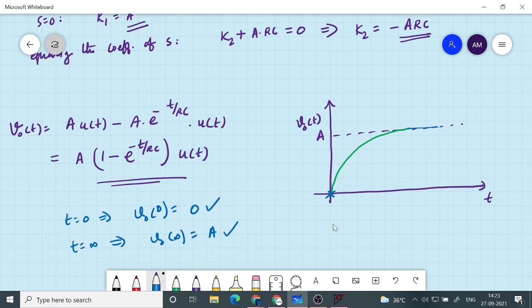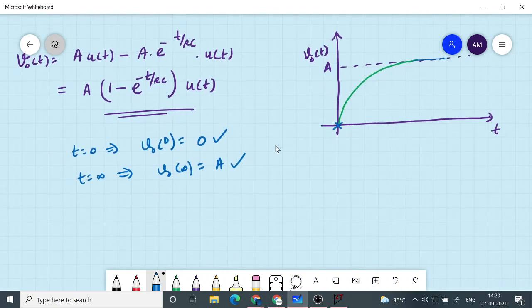And similarly you can take any point of time. Another interesting point of time is t equal to RC. If you take t equal to RC, then V0 of RC is basically A into 1 minus e raised to minus RC by RC, which is e raised to minus 1.